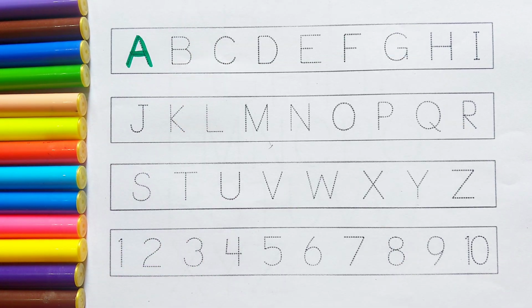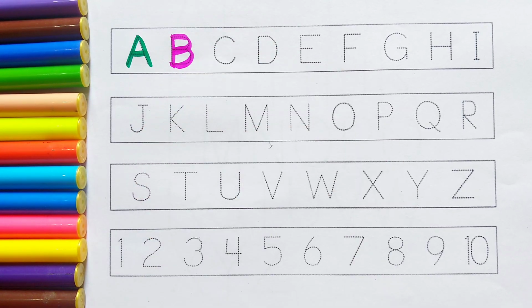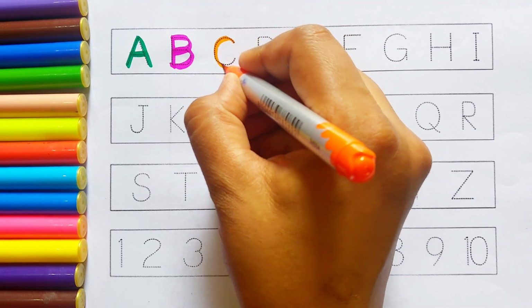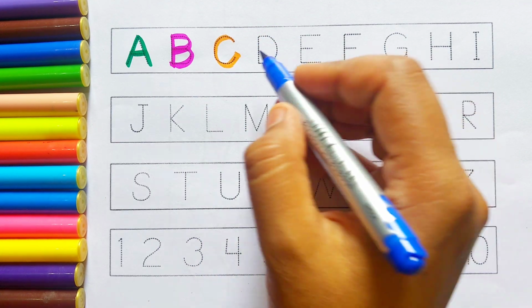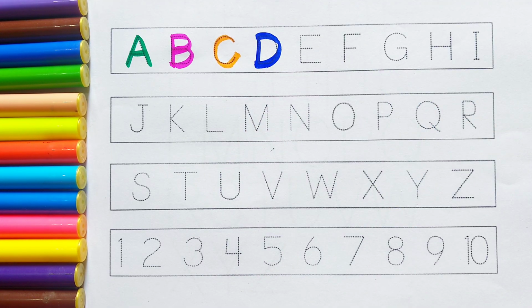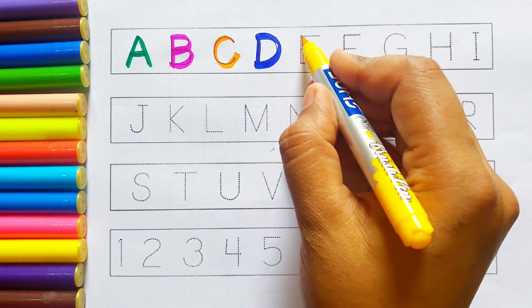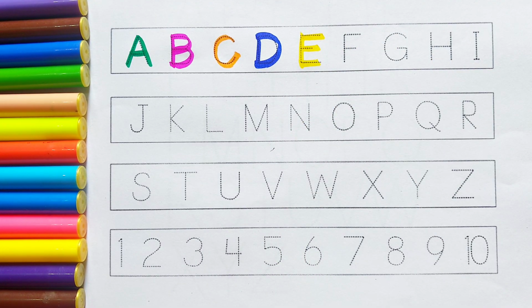A for apple. B for button. C for candy. D for donut. E for eagle.